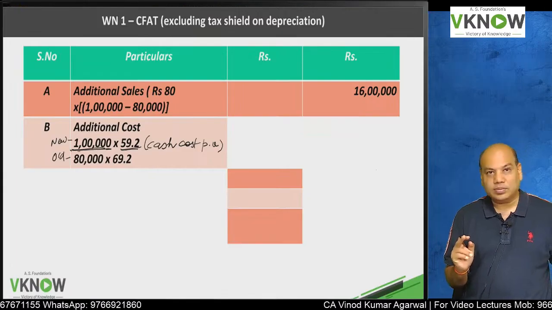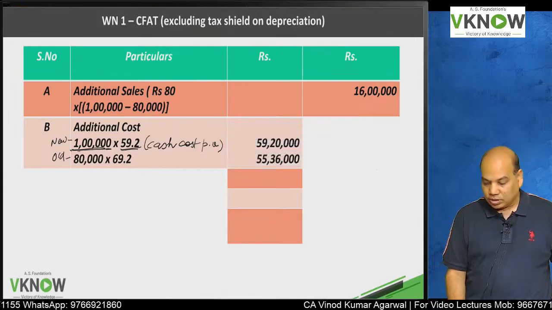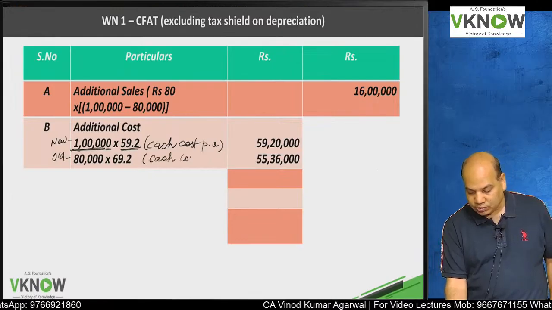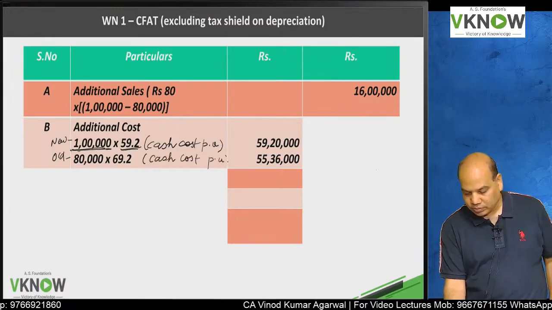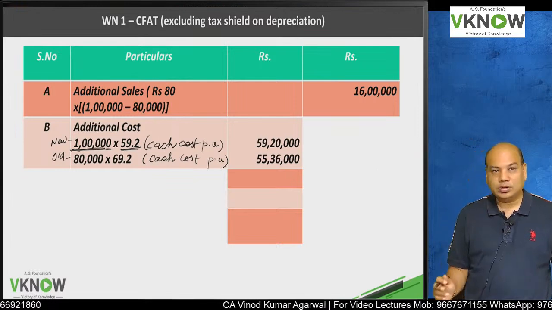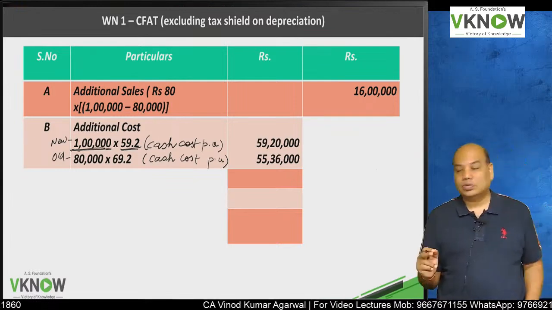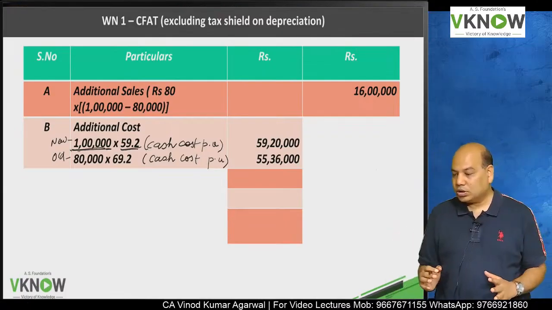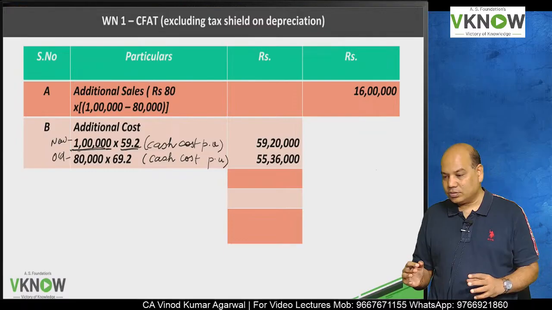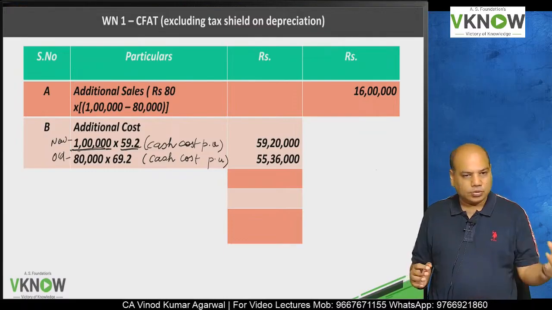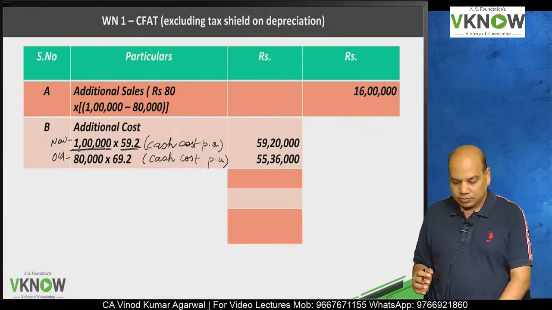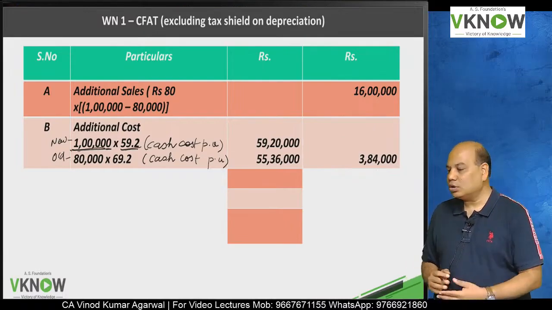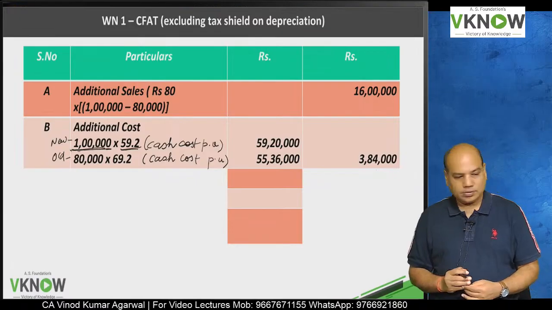I had given you this number. And under old machine I am producing 80,000 units at a cash cost of 69.2 per unit. So my total cost is 55,36,000. So by shifting from old machine to the new machine, I am going to incur only additional cost of 3,84,000.